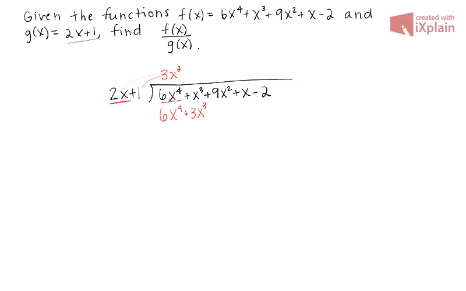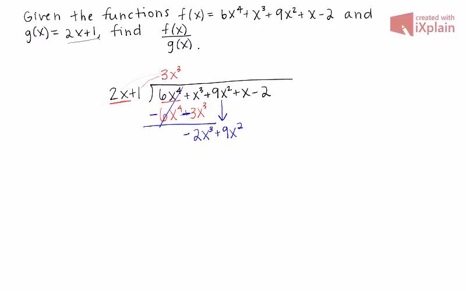So I am going to do 6x to the fourth minus 6x to the fourth and x cubed minus 3x cubed. So basically what we're doing is we're changing the signs and adding. When I add, that will cancel. When I add these, this will turn to negative 2x cubed. I will then bring down my next term, which is 9x squared.